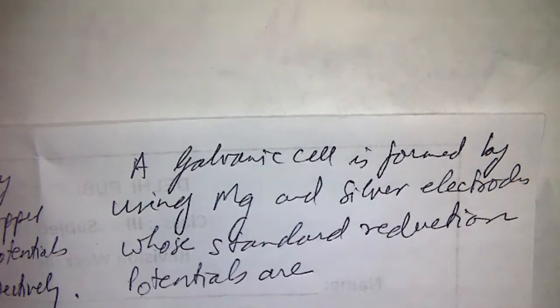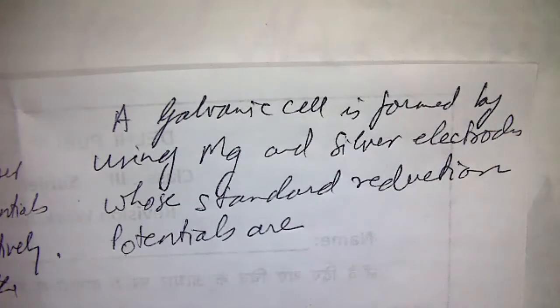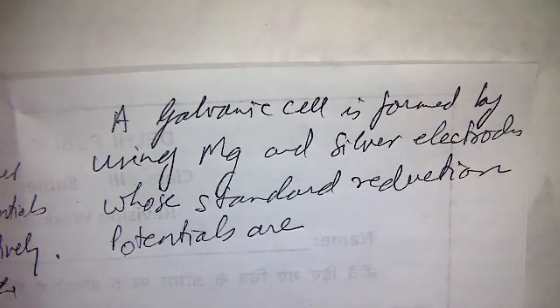Remember, these values will be given, but to find them there is a series, called the electrochemical series. From that electrochemical series, usually we find the values of these potentials.